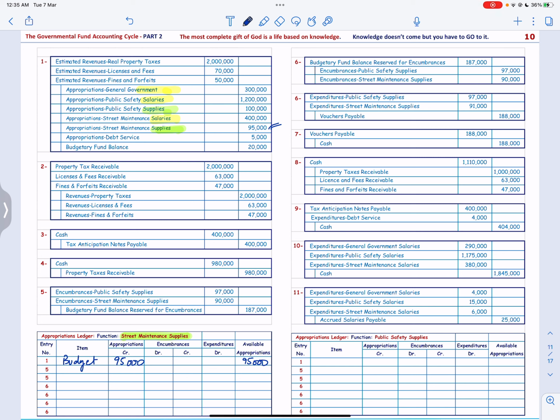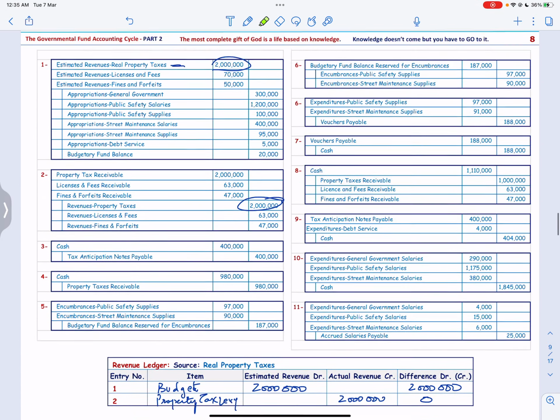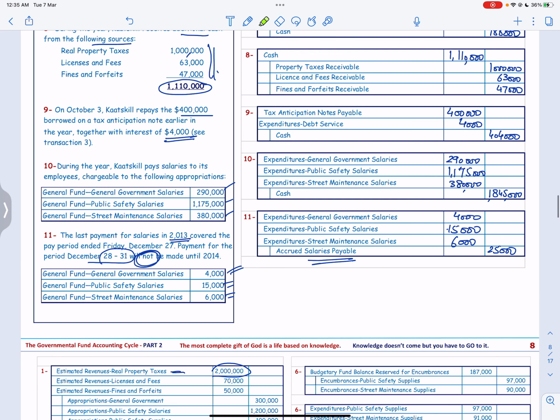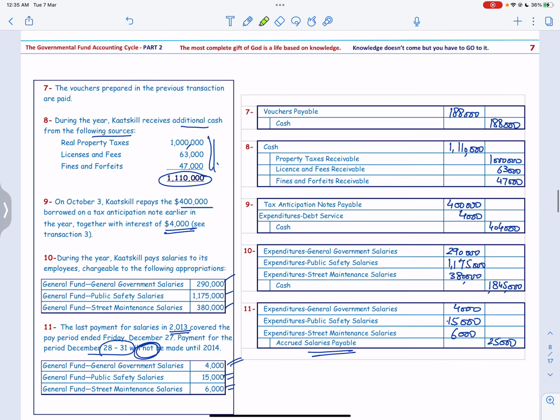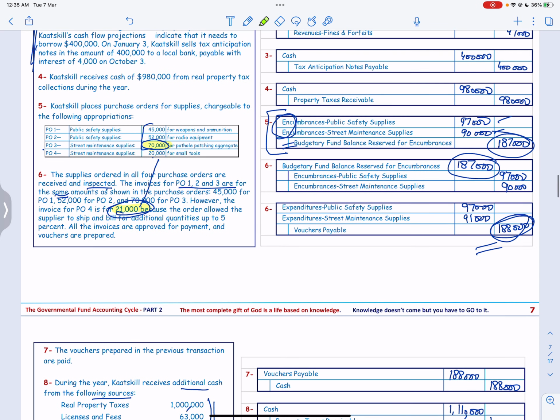Then we have made purchases of 70 and 20, that was 90,000. Encumbrance was 90,000. If you can recall, there were two purchase orders, purchase order number 3 and purchase order number 4, for 70 and 20.